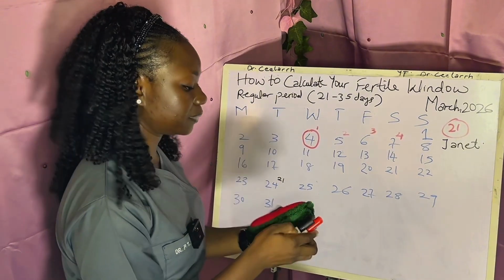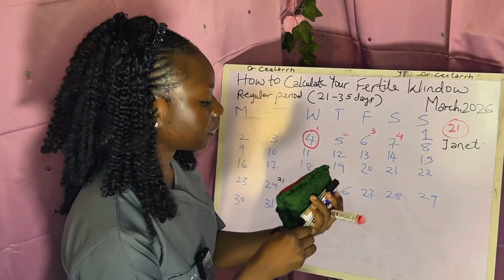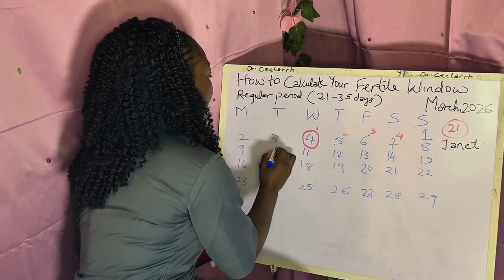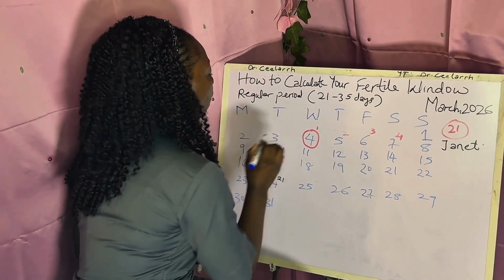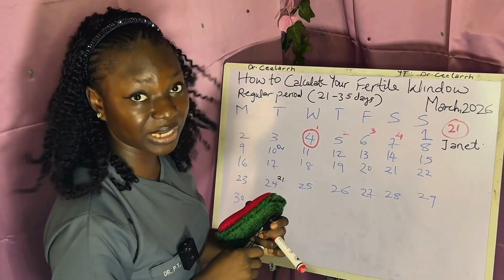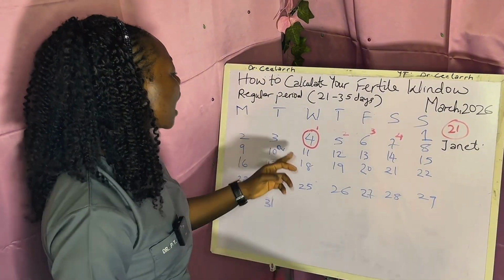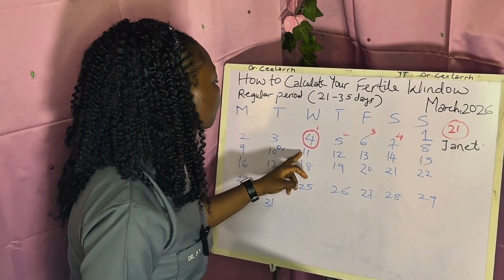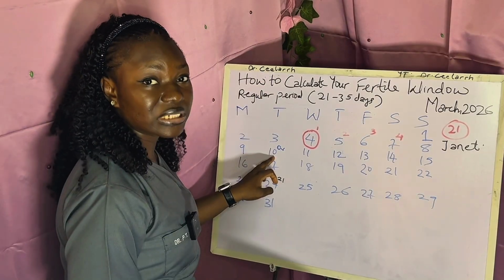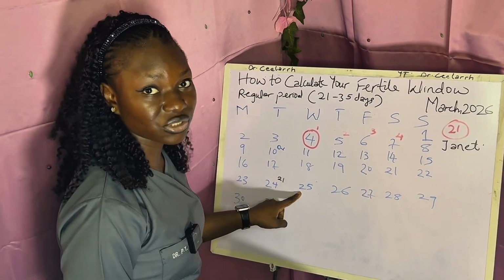Let me take that again. Now, let me just put it that this 10th is our likely ovulation date. Let me put OV here and explain once again. Now, you should have complete 14 days between the likely ovulation date and the beginning of the next menstrual cycle.